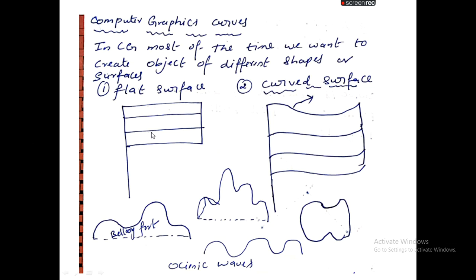So a collection of points, lines and polygons can create flat surfaces like a flag image. I drew only one object, called a flag. Here we can create the flag image by using a sequence of points, line segments, and polygons like this.